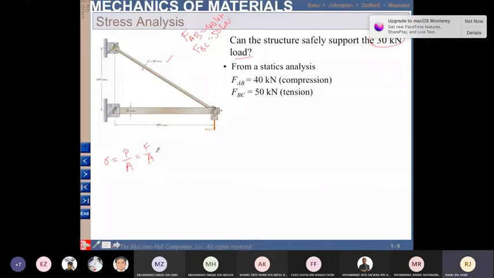So what is P? Is that 30? No, this is 50. So 50 over area. Because this is a rod, what is the area? Pi r square.